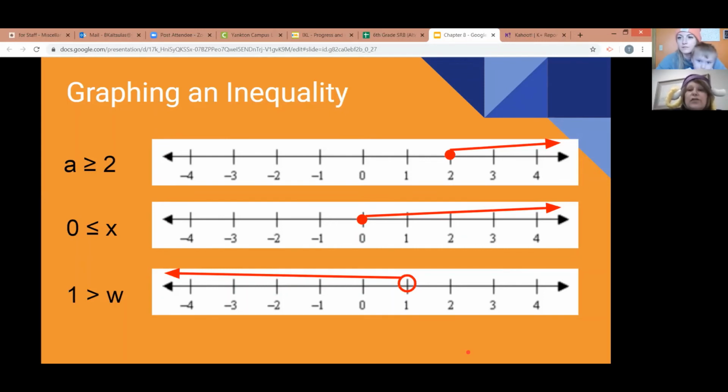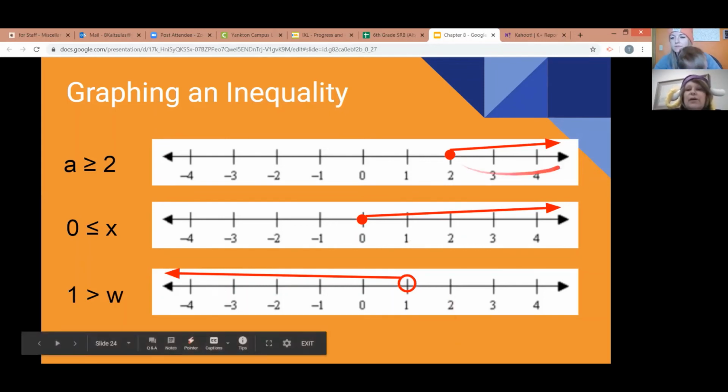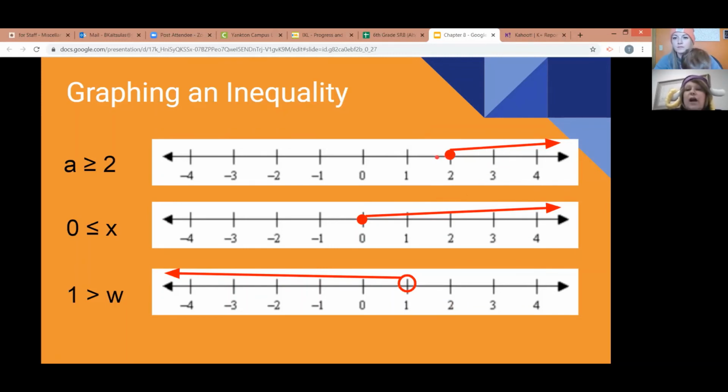That's right. So if we look at this problem up here, the very first one, I can take this 3. This line over these numbers means that every number under this line could be an answer. Okay. So I can take 3 over here and put it here. And is 3 bigger than or equal to 2? Sure is. So we know we graphed it right.